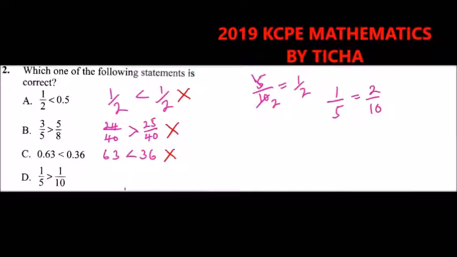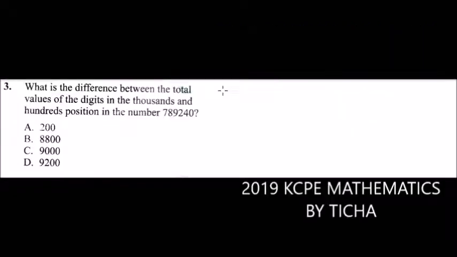So you can say 2 over 10 is greater than 1 over 10. That is correct, and therefore that is the correct answer. So that is how you approach that question. Eliminate one answer after the other, and by the end of the process, you'll be able to get the correct statement.